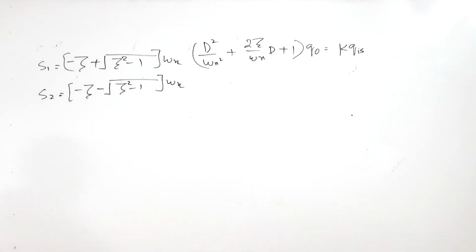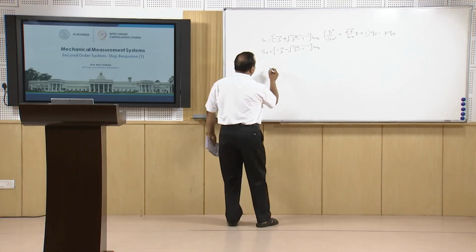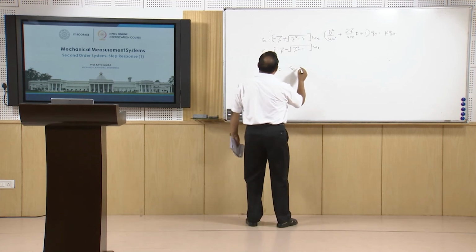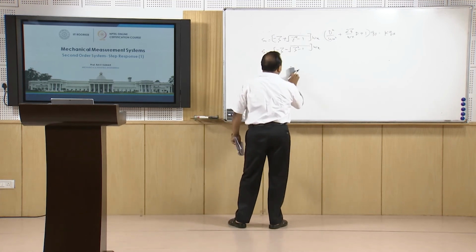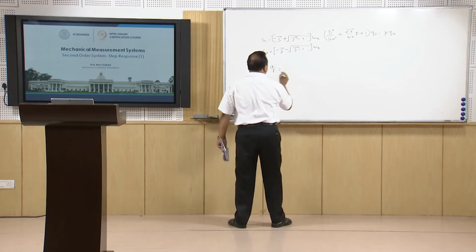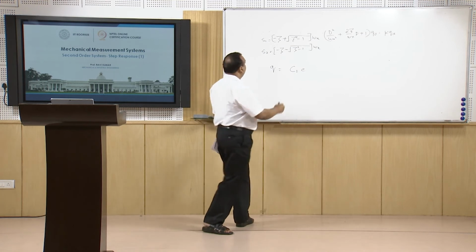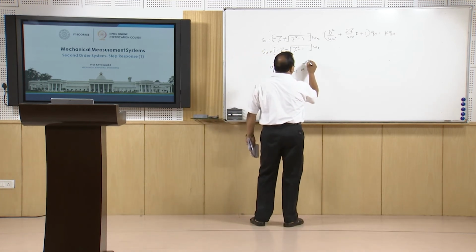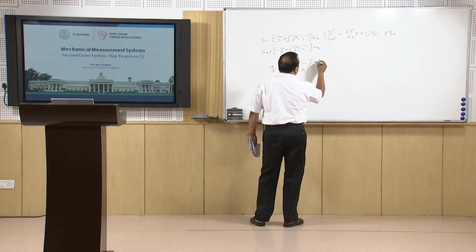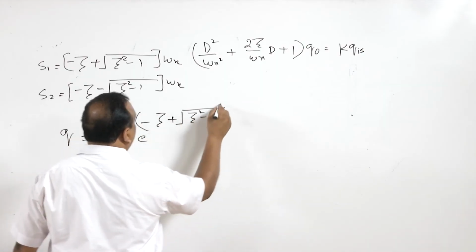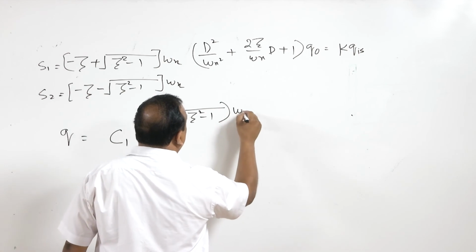And then we get the solution as Q is equal to, sorry, not S1, some constant C1 e to the power S1 t. So it is going to be minus zeta plus under root zeta square minus 1 multiplied by omega n t.